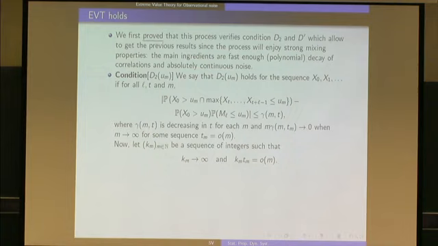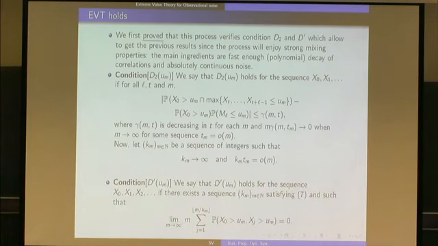But one can prove that if you have some mixing condition for the process, summarized in these very famous conditions D1, D2, and D prime, you can apply all the theory of the IID setting and get the existence of these three famous universal laws.